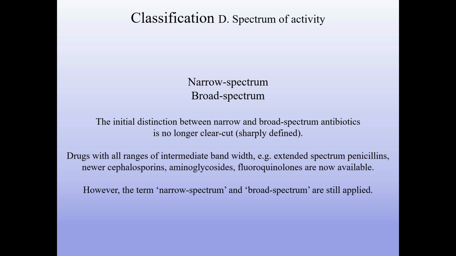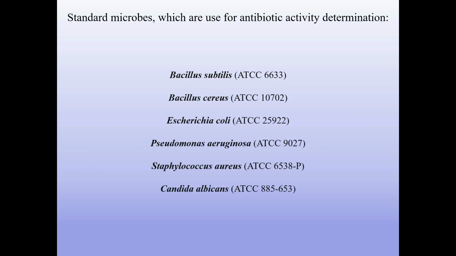However, the terms narrow spectrum and broad spectrum are still applied. In here you can see standard microbes which are used for antibiotic activity determination. For example, Bacillus subtilis, Bacillus cereus, Escherichia coli, Pseudomonas aeruginosa, Staphylococcus aureus, and Candida albicans.